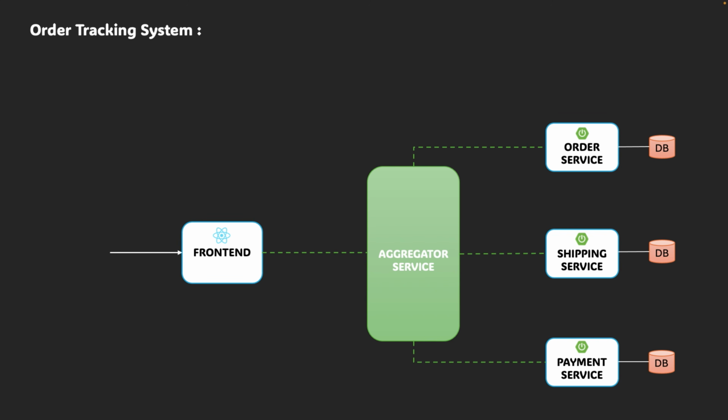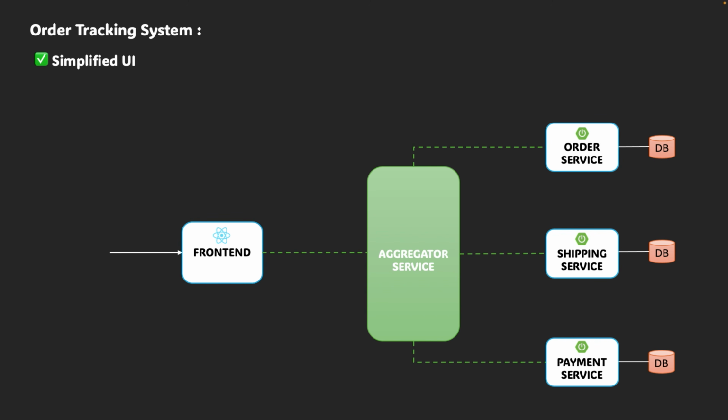Now let's understand how this aggregator solves the problems we have discussed. The first problem we understood was UI complexity, which is simplified if you are using an aggregator service, because your front end is not directly talking to each and every microservice, rather it is just connecting to the aggregator service without knowing the details about the order service, endpoint, host, everything.